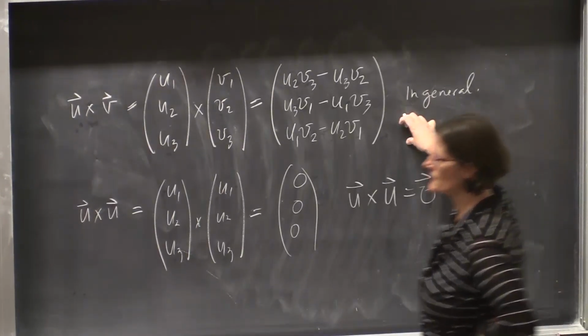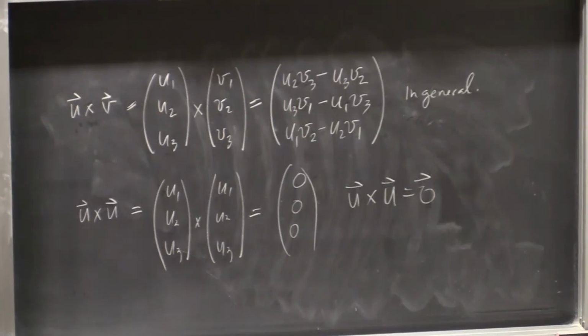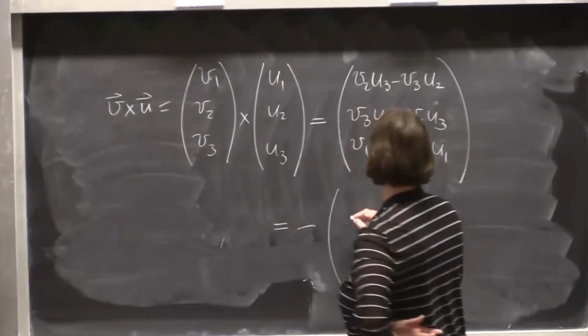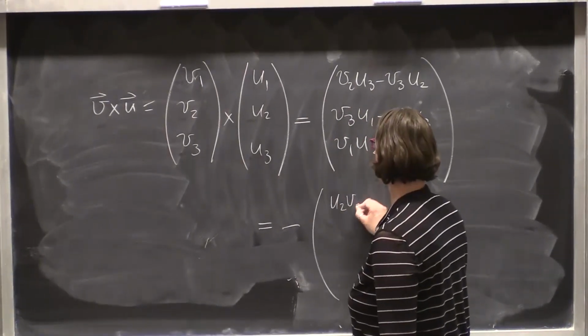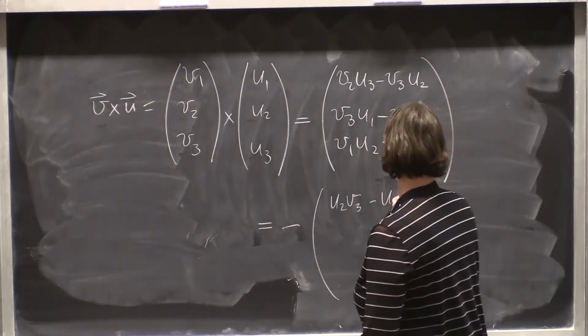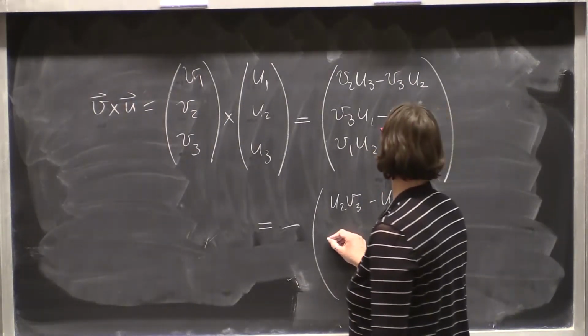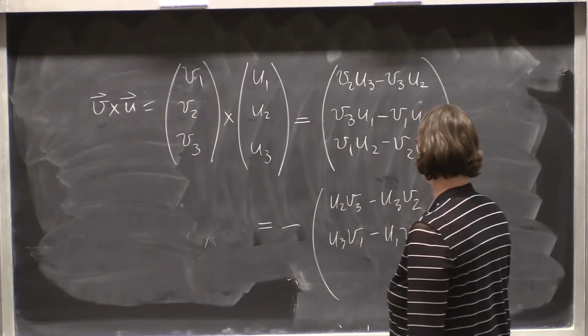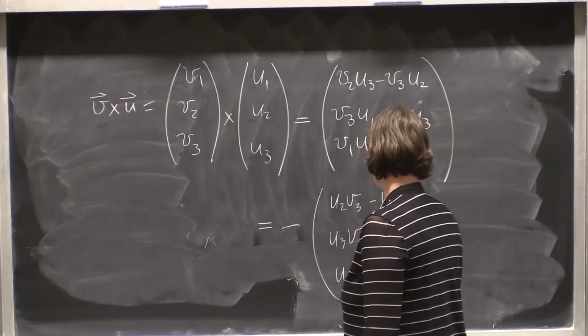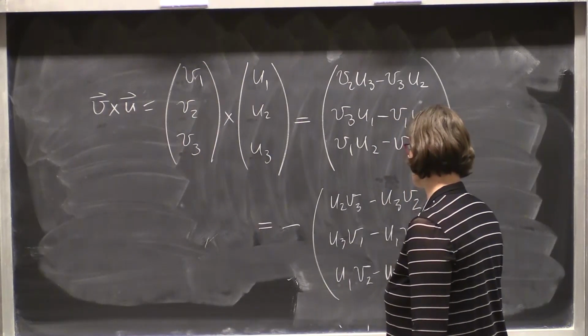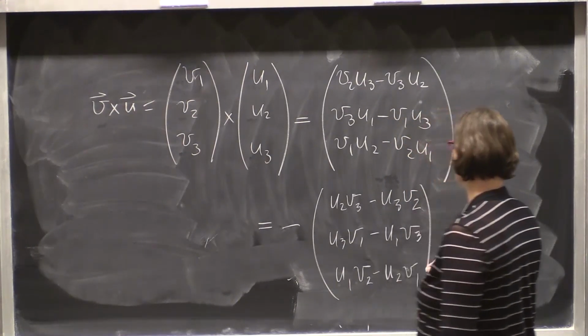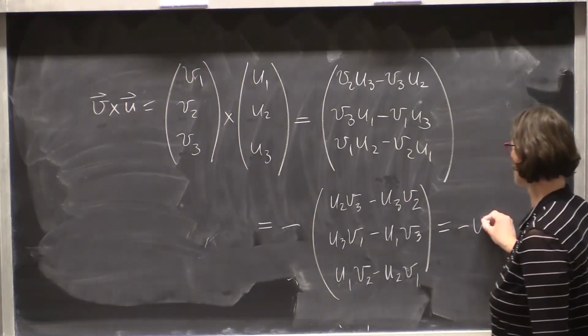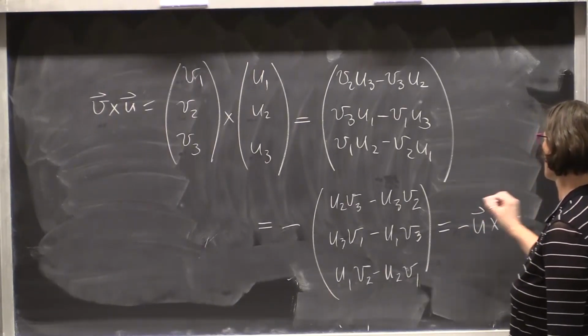It's the negative. So this is equal to the negative of (u2 v3 minus u3 v2, u3 v1 minus u1 v3, u1 v2 minus u2 v1), which is u cross v.